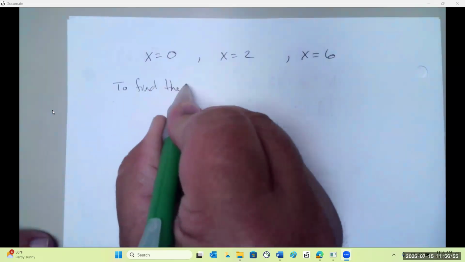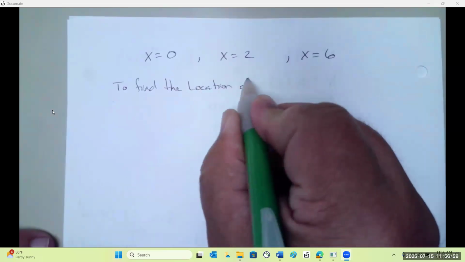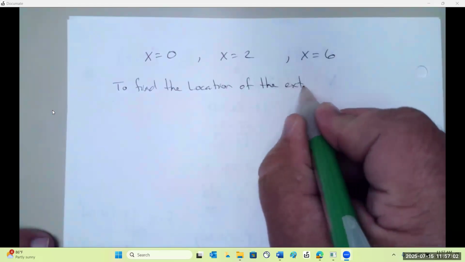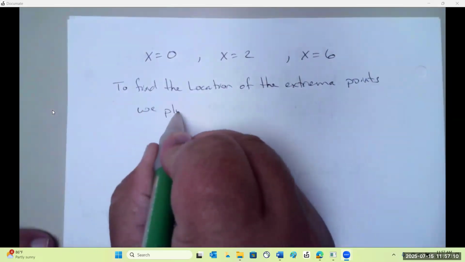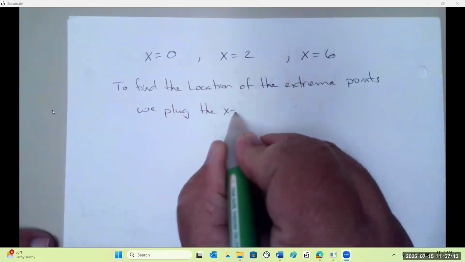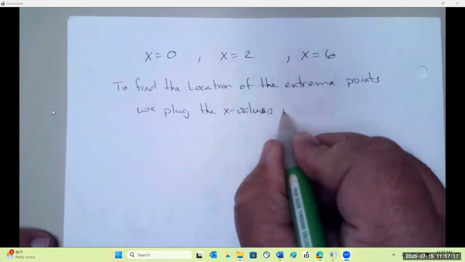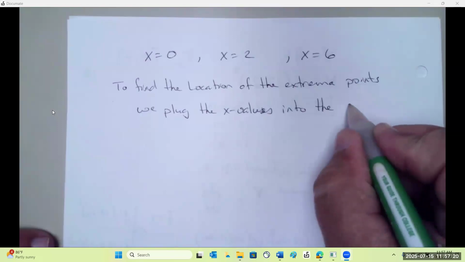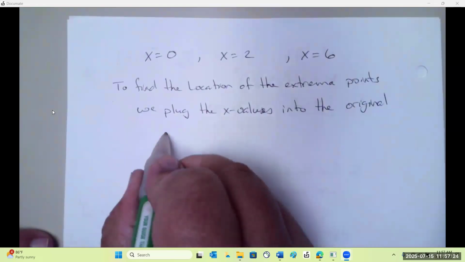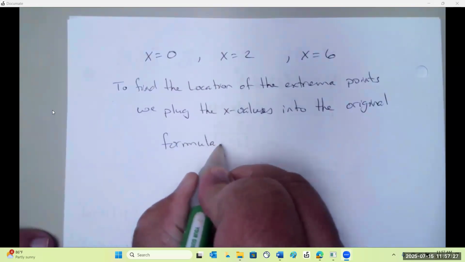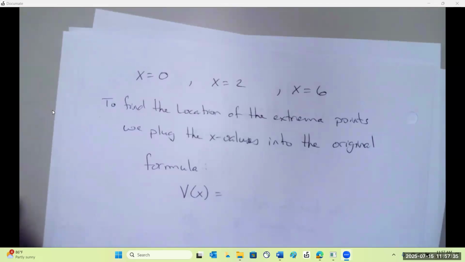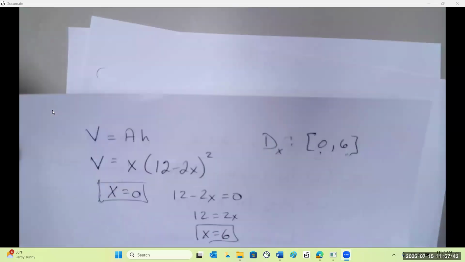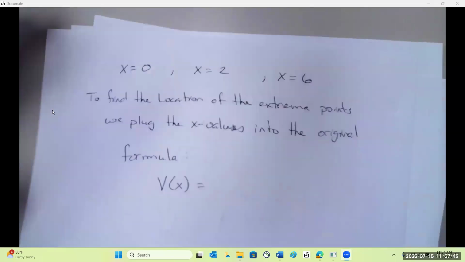To find the location of the extrema points, we plug the x values into the original formula, which is V of x equals x times 12 minus 2x squared.